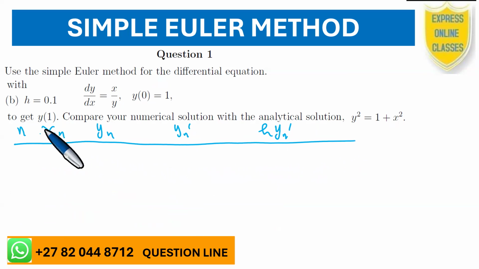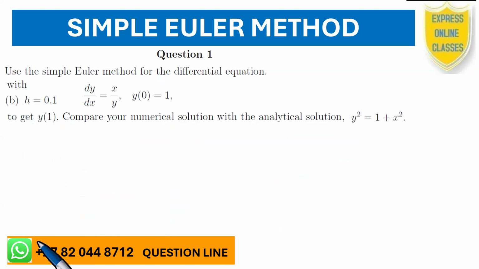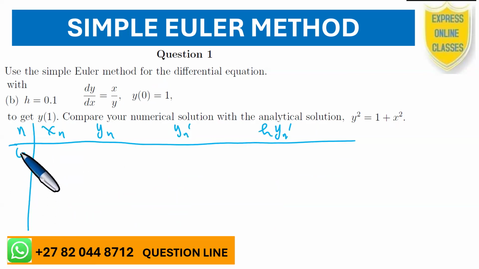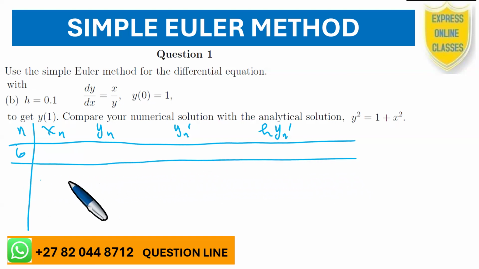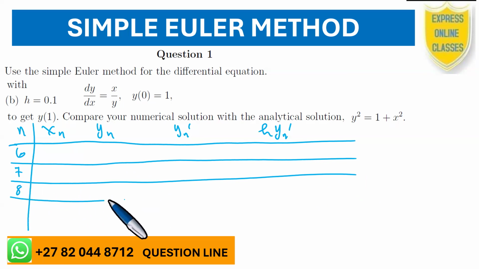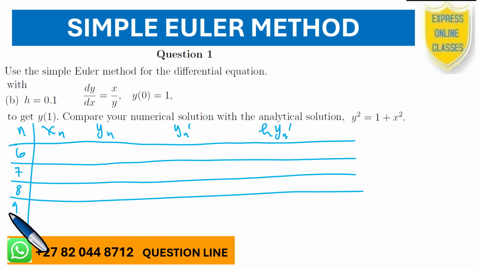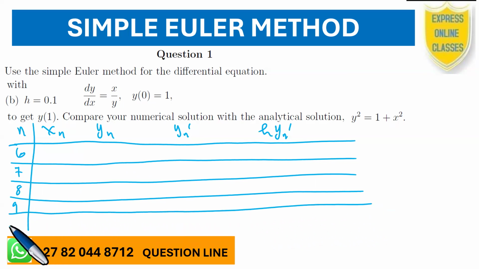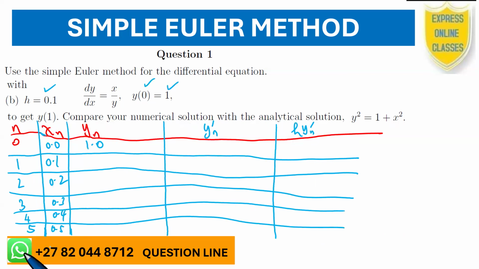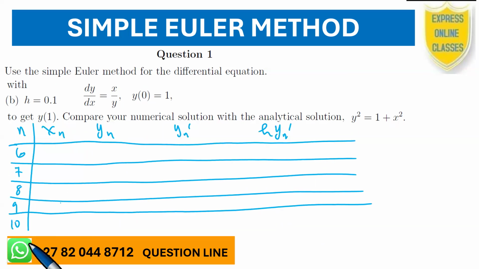Okay, good. Now we have 6, 7, 8, 9, 10. Here we stopped at 0.5, and then we're going to do 0.6, 0.7, 0.8, 0.9, and then 1.0.